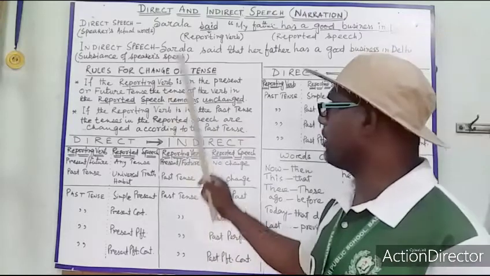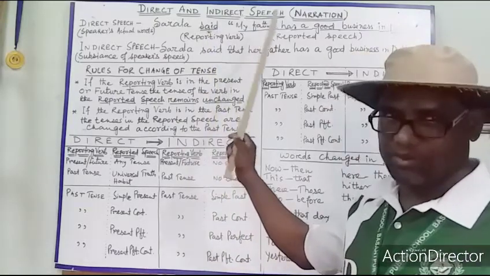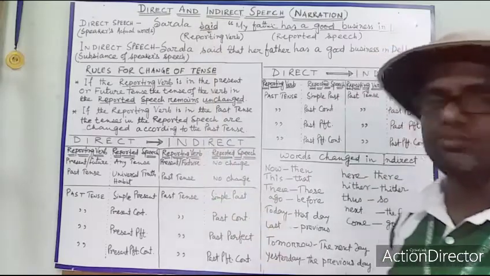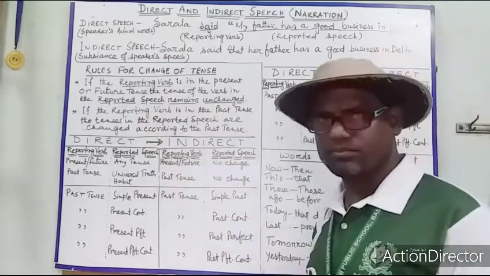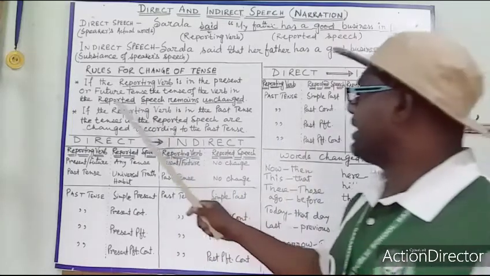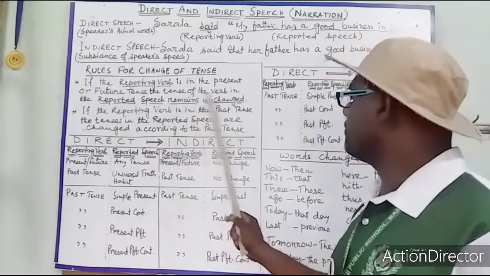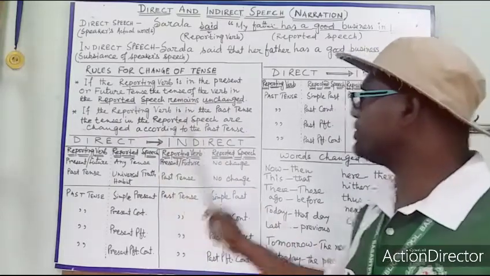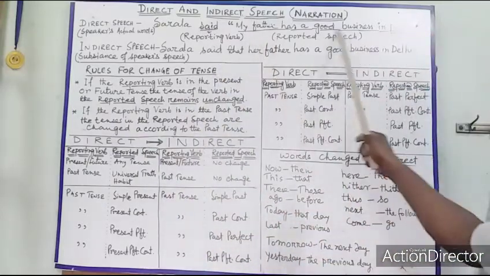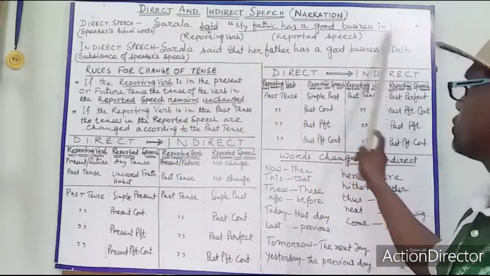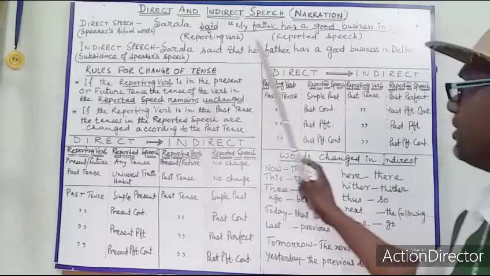If the reporting verb, that means the first verb outside the inverted comma, is in future tense or present tense, then the tense of the verb in reported speech, meaning the speech within inverted commas, will remain unchanged. In the speech there must be a verb.